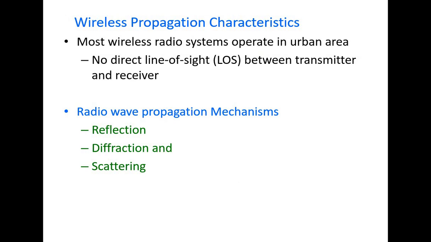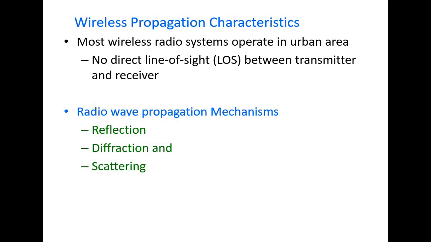Then, to know something regarding the wireless propagation characteristics, when we start to transmit data from a transmitter to the receiver, and both are very near, we can attain a line of sight component.